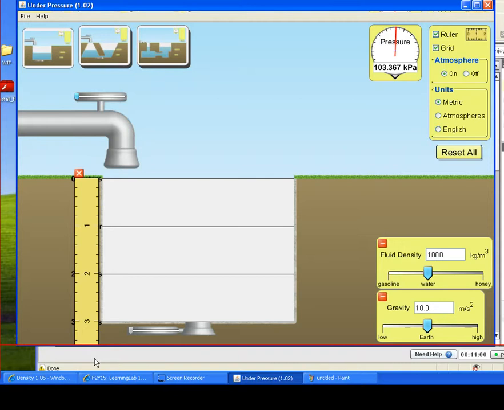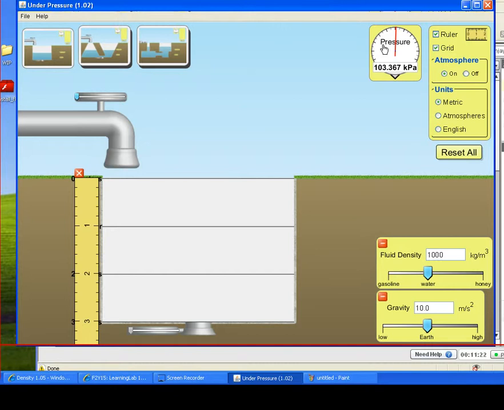Now, look at the reading on this pressure gauge. This bottom tip measures the actual pressure itself. That's where the pressure level is. As you can see, the pressure is atmospheric pressure, and this is 103.367 kilopascals.